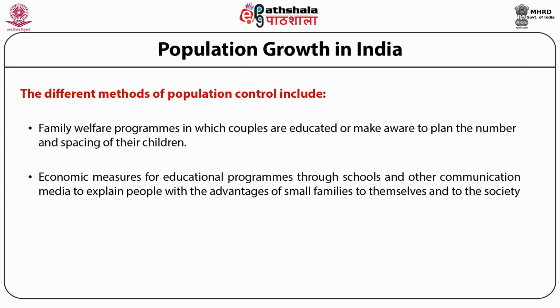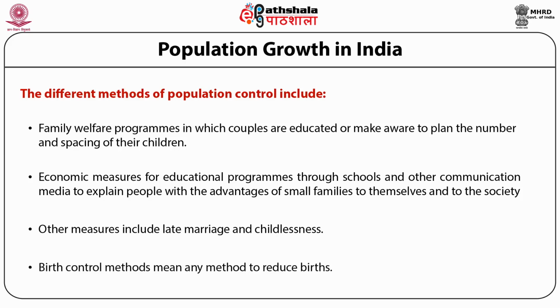Economic measures and educational programs through schools and other communication media explain to people the advantages of small families to themselves and to the society. Other measures include late marriage and childlessness. Birth control methods mean any method to reduce birth.